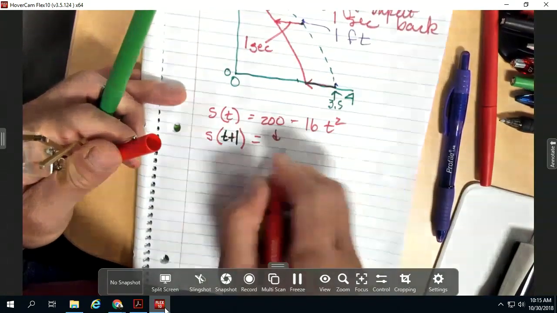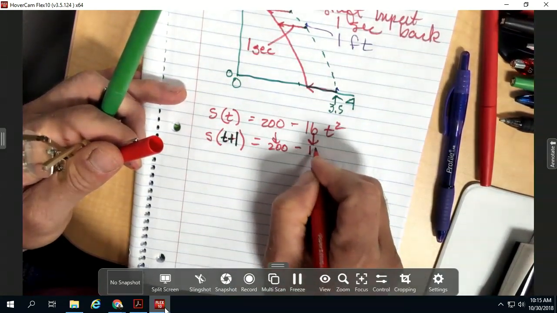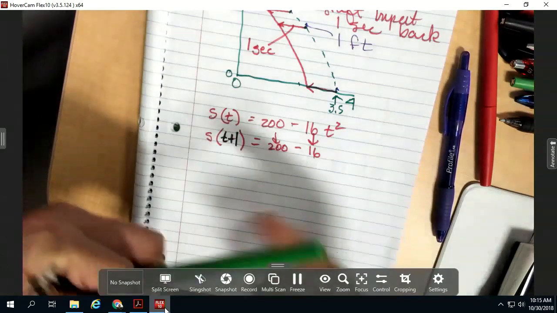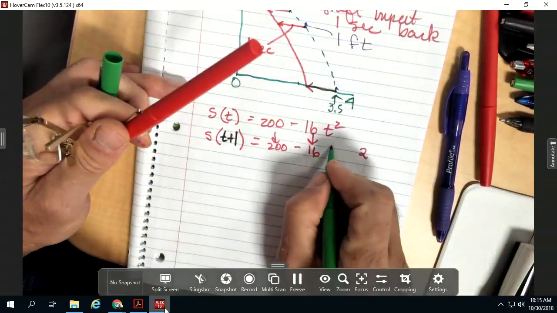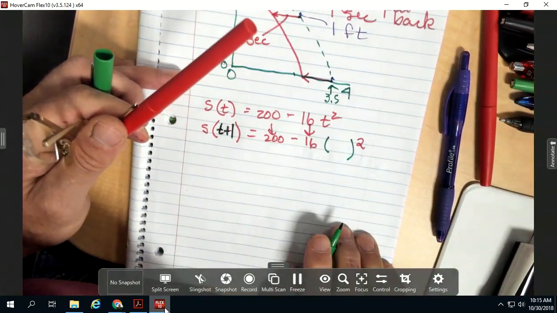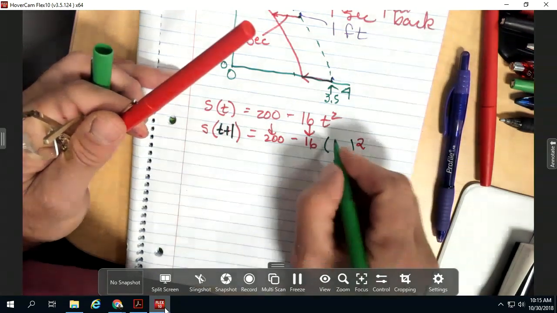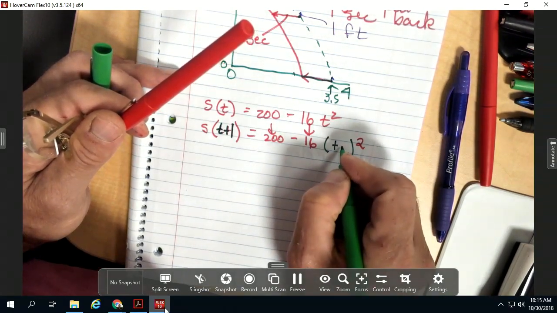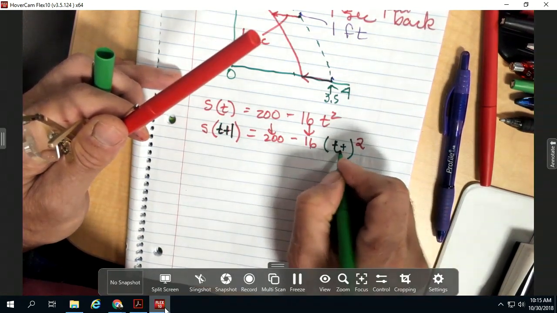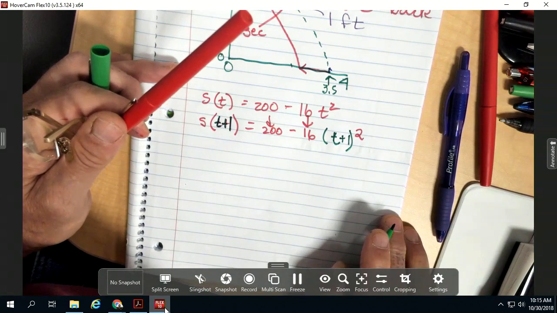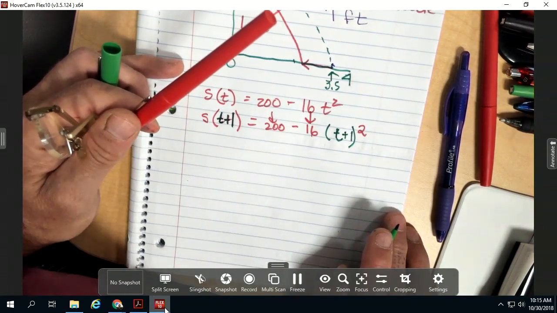Well, we don't have to write anything different here because that's still 200. We don't have to write anything here because that's still minus 16. We're still going to be squaring. The difference is going to be, what number are we going to square? T plus 1. Okay, now we've got algebra problems.